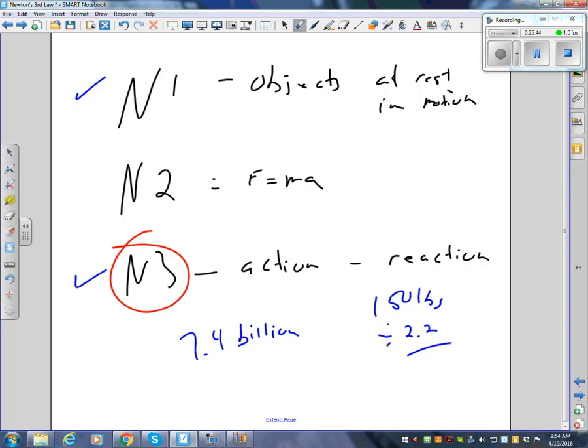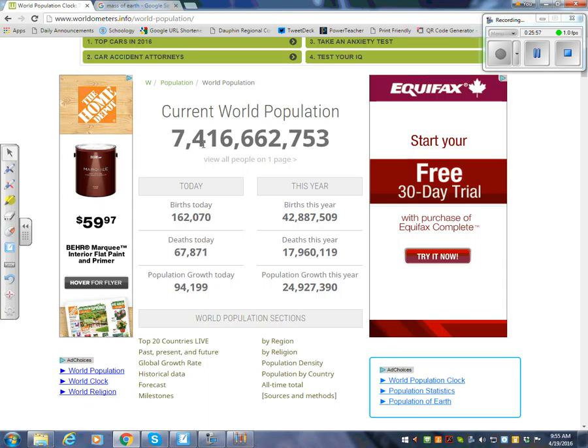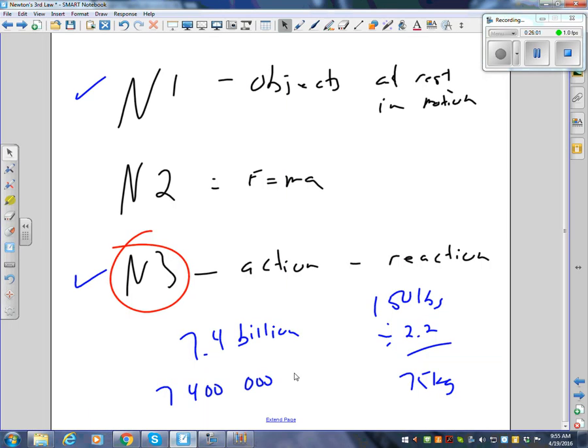Let's say about 75 kilos. So take 7.4 billion times 75.